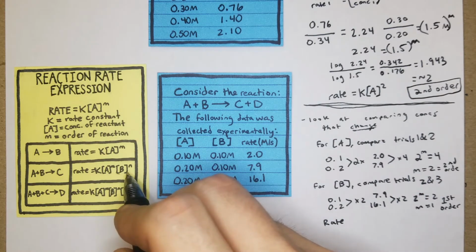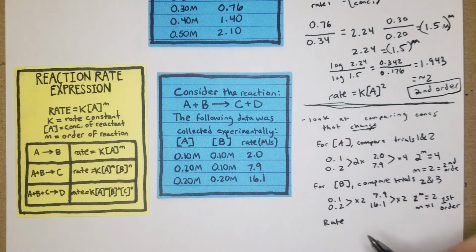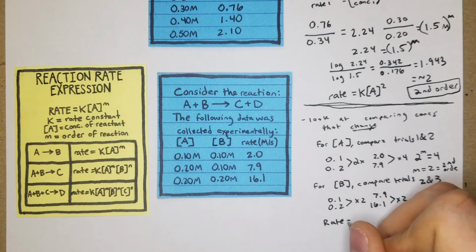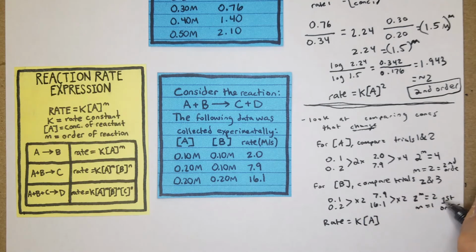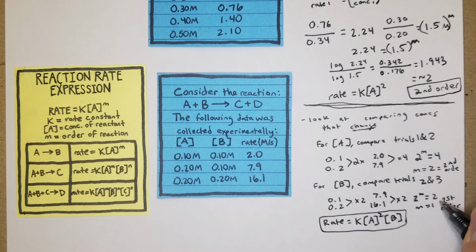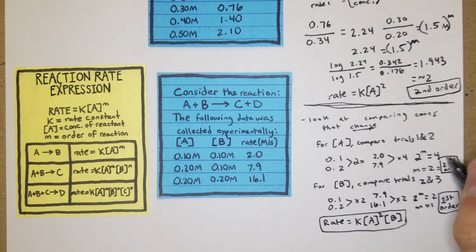We just solve for m, and in this case n, which is the order of B. The rate is going to equal k times A, and we solved A to be second order, so we'll put that there, and then B is 1, and there's no need to raise it to the first power. If there's no number next to it, we just assume that it's 1, it's first order, so it's not contributing to the order, so to speak. So that will be our answer there for the rate we're solving, first order, second order.